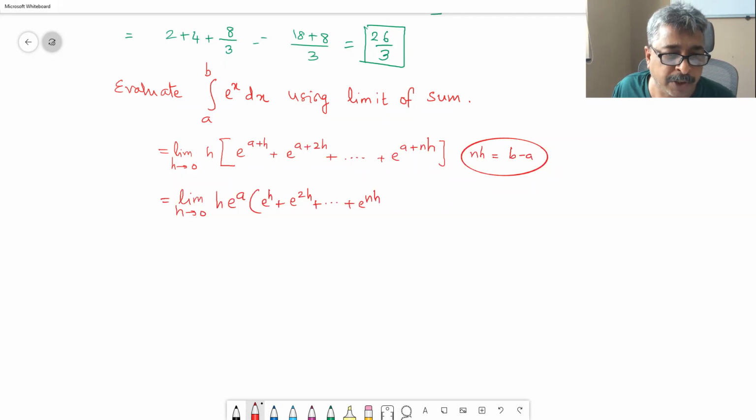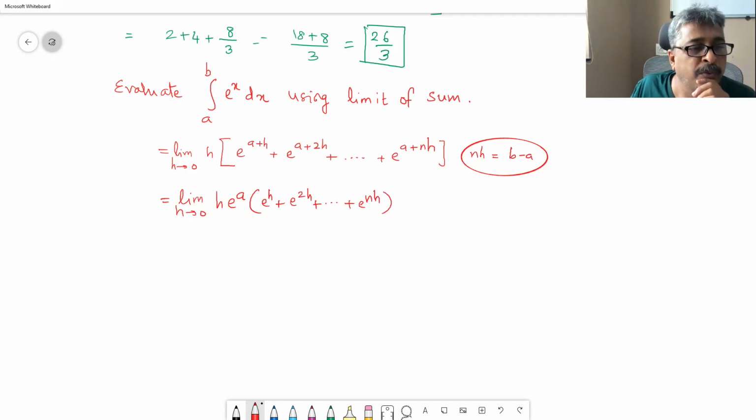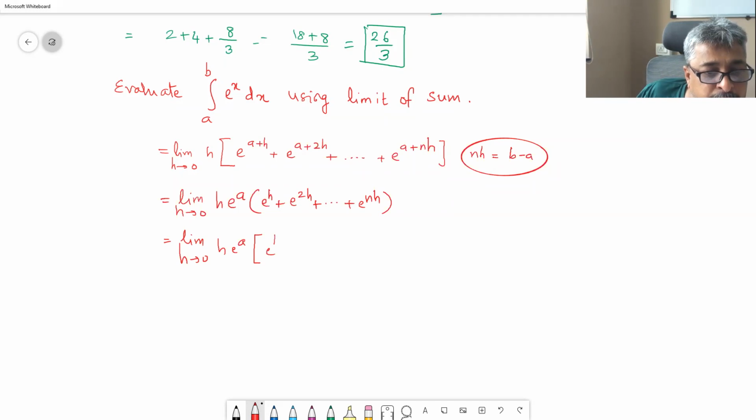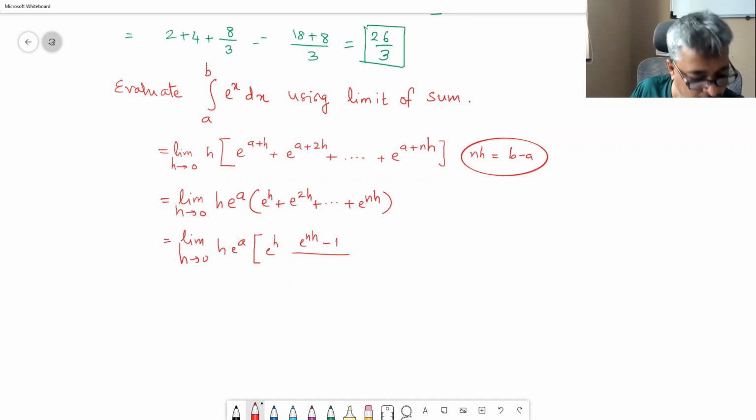So this is a geometric progression, and therefore we can write h e raised to a, first term is e raised to h, e raised to nh minus 1 upon e raised to h minus 1. That is the summation, correct?